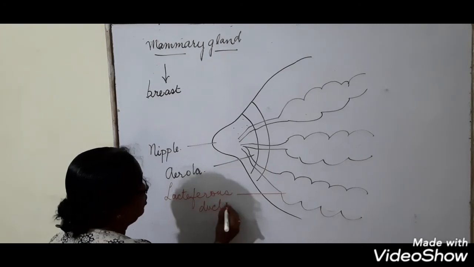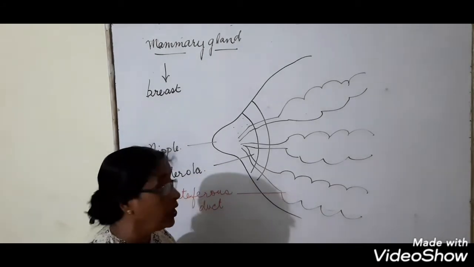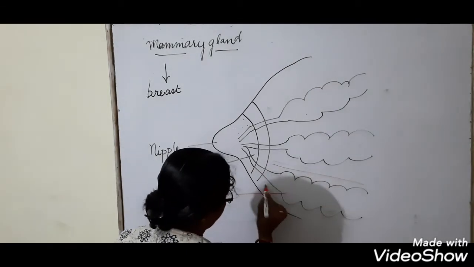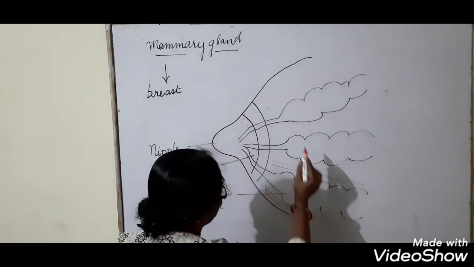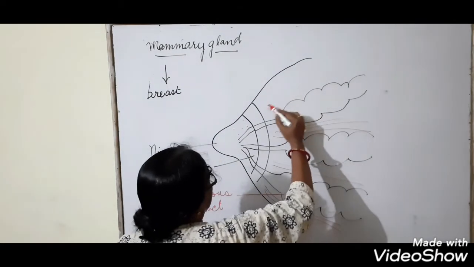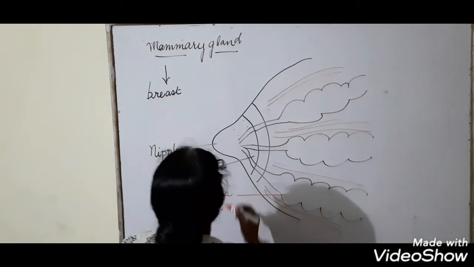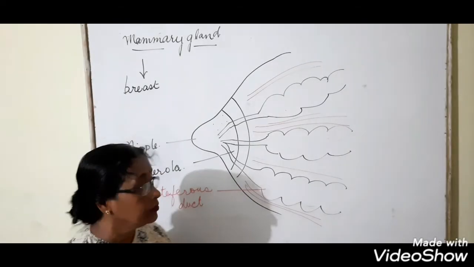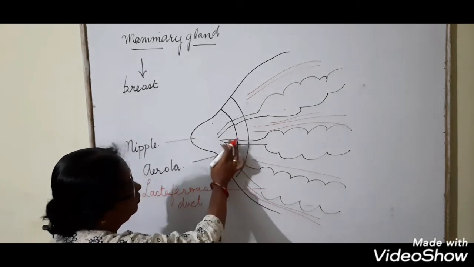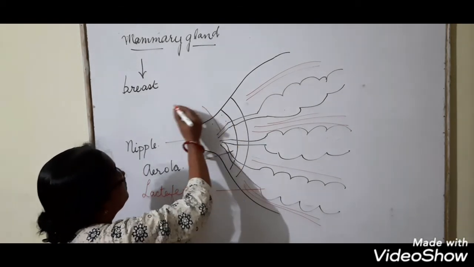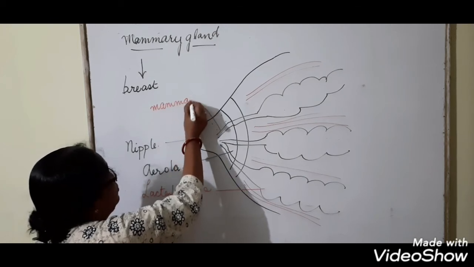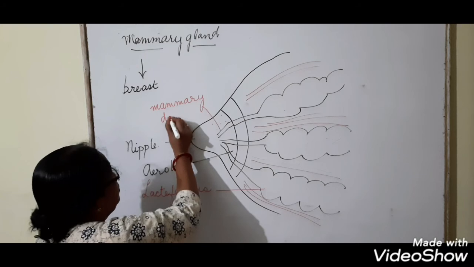In between these glands are layers of connective tissue and adipose tissue, that is, fat cells. The lactiferous ducts open into ducts known as the mammary ducts.